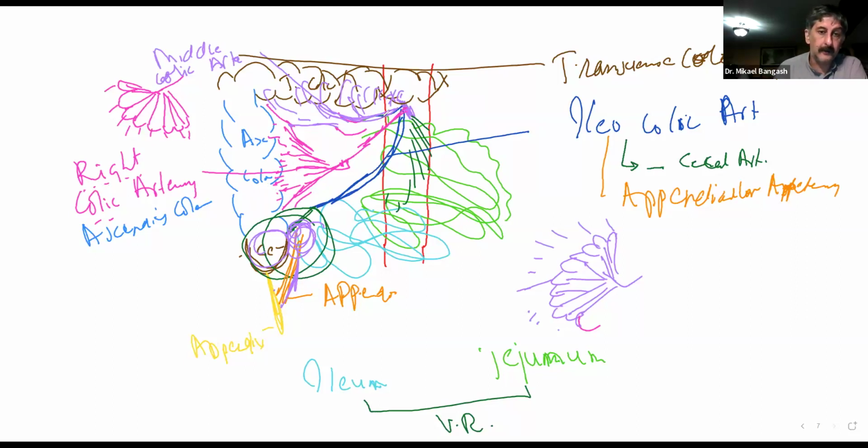And about that is another branch origin of your superior mesenteric artery called the middle colic artery, which will be responsible for supplying blood to the first 2/3 of your transverse colon.